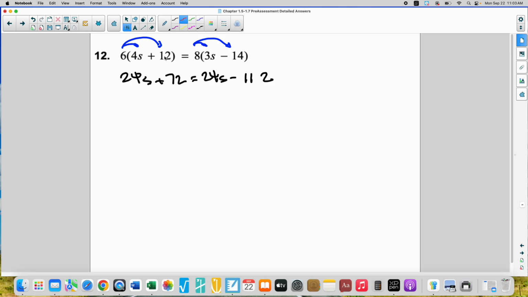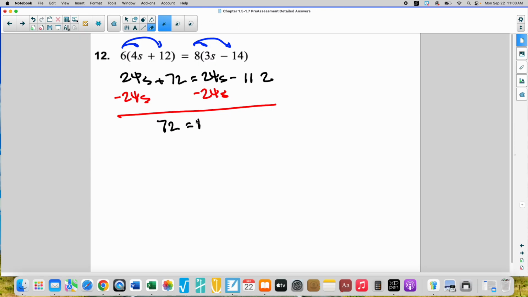I think that's correct. Let's move the variables, and you get 72 equals -112. That is a false statement. So the answer is going to be no solution.